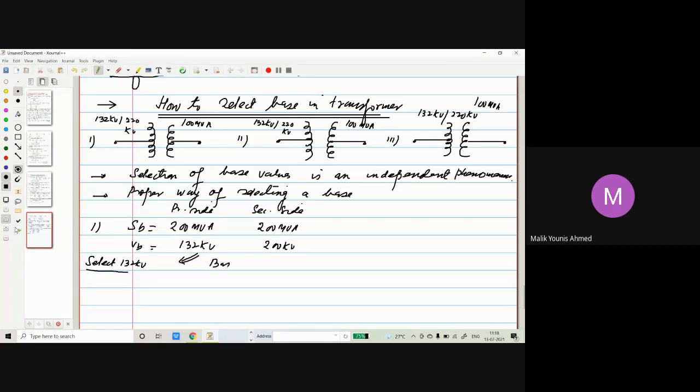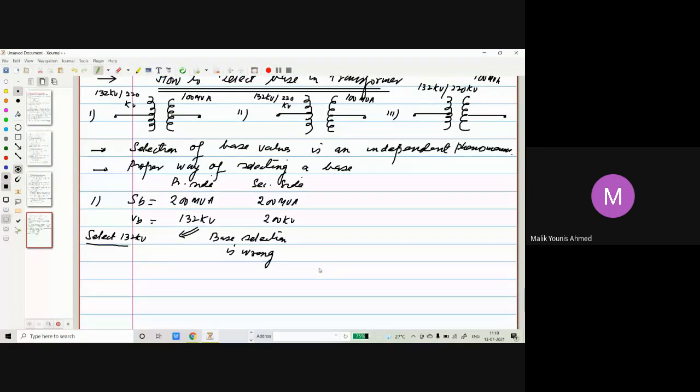Why? What's the reason? I'll repeat it again, it's 132 divided by 200 kV. On the primary 132, it will step up to 200 kV. Then in this case, the base selection will be wrong, because that will be 220 divided by 132. Okay? 220 divided by 132 is not equal to 200 by 132.